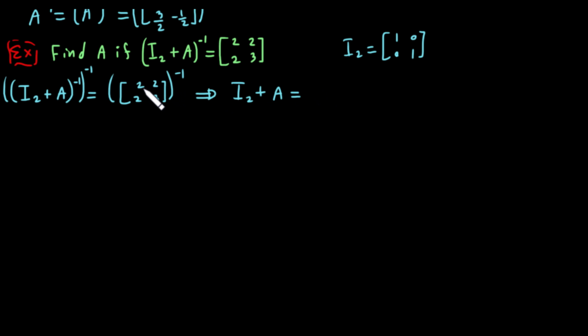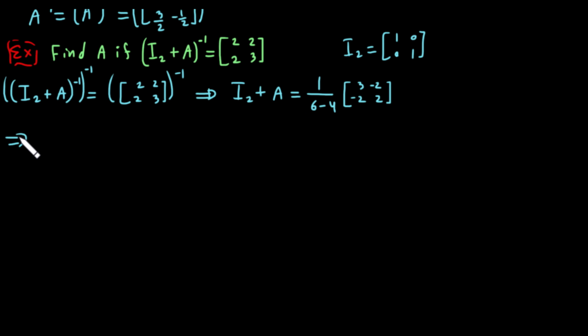For the inverse of this matrix, we apply the formula for 2 by 2: 2 multiplied by 3, which is 6, minus 2 multiplied by 2, which is 4. And here we swap these two elements, so 3, -2, -2, 2.